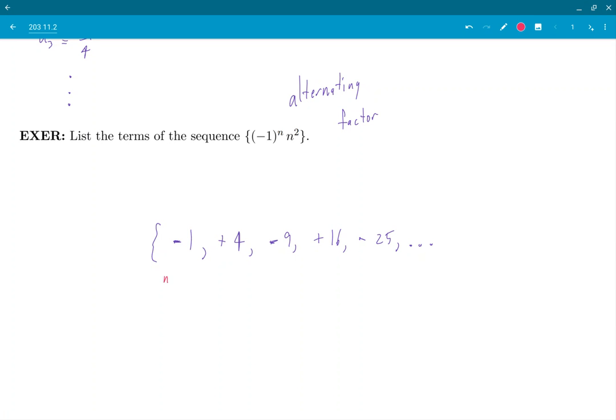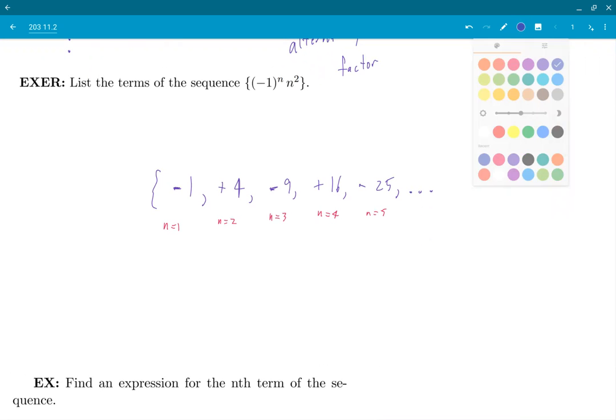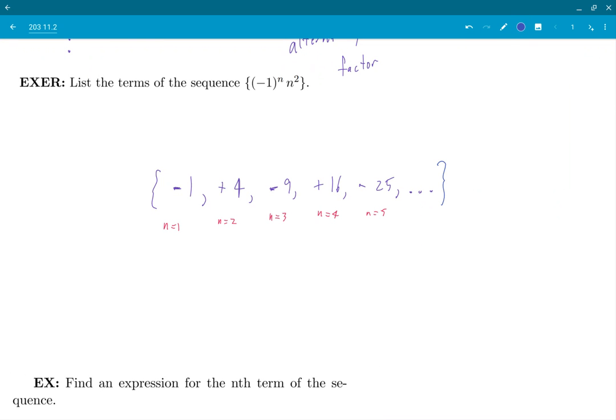You don't have to do this, but just to emphasize, you could label these terms a bit more carefully if you want to. Okay, that's easy enough for writing down some terms. Oh, I forgot to close my bracket. So here we're giving you the nth term: a_n is equal to (-1)^n times n squared.